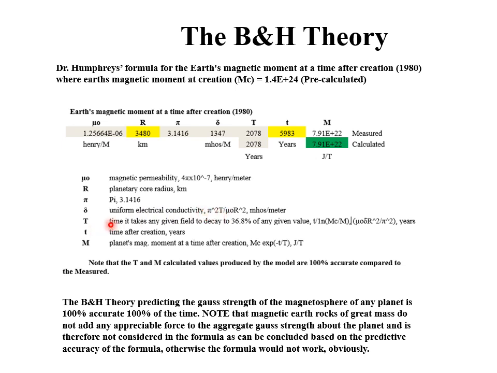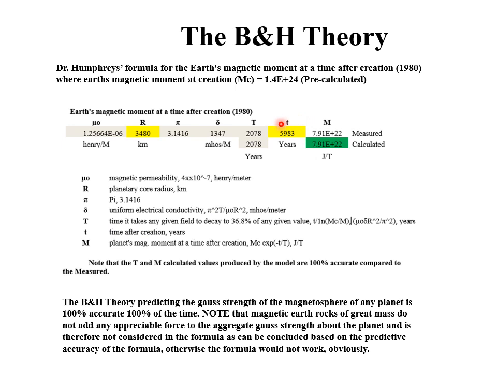T is the time it takes any given field to decay to 36.8% of any given value. And there are two formulas to determine that, but those are also measured and given in Dr. Humphrey's chart for all the planets.